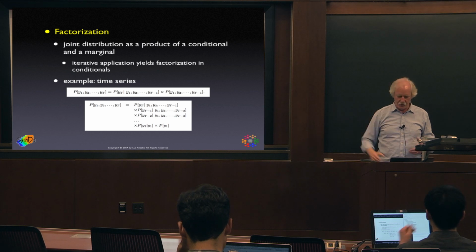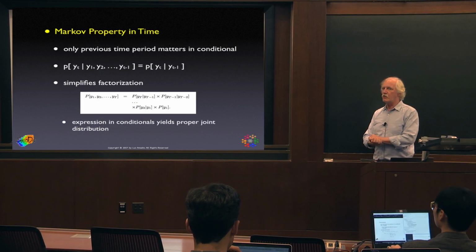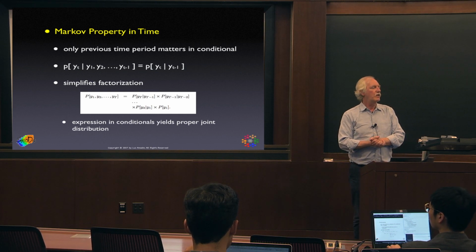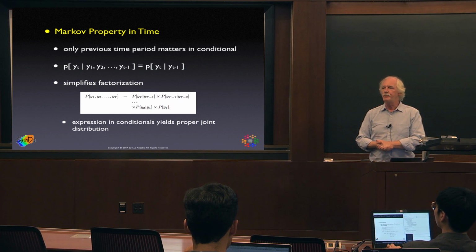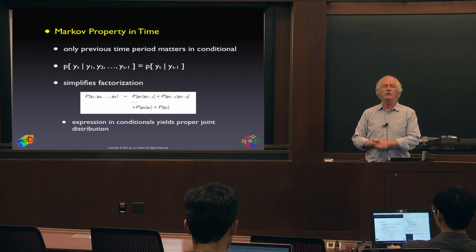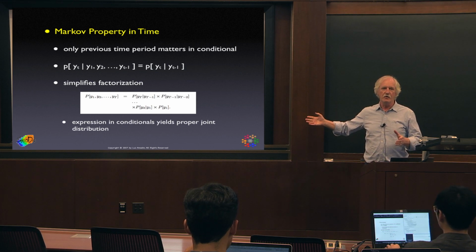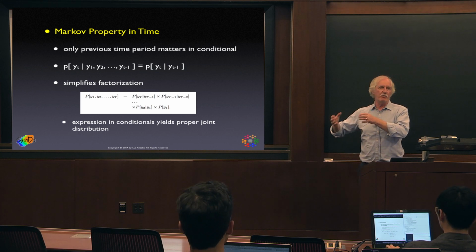So in time series, as you probably know, there is a property called the Markov property, which says, if you want to know something about today's temperature, all you need to know is yesterday's temperature. You don't really need to know what happened the day before or the day before that or last year. So that's the Markov property. It's kind of an instantaneous neighbor property.